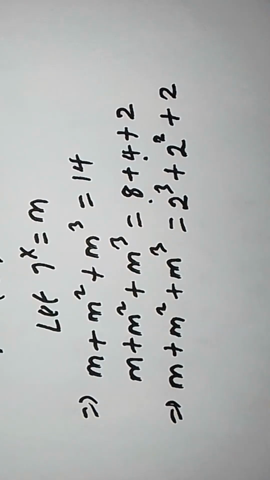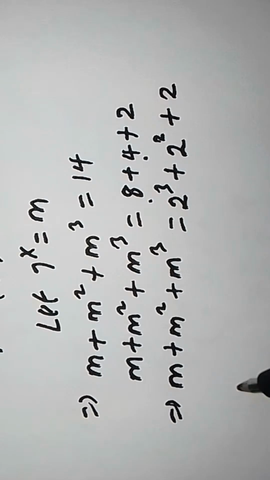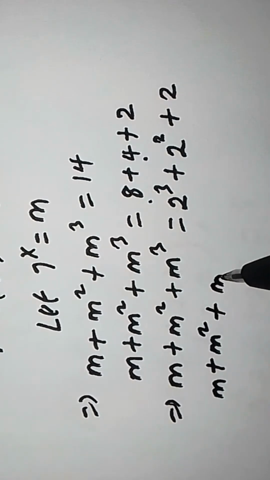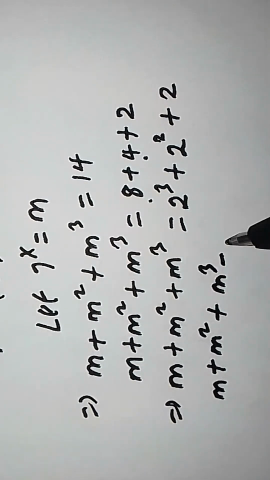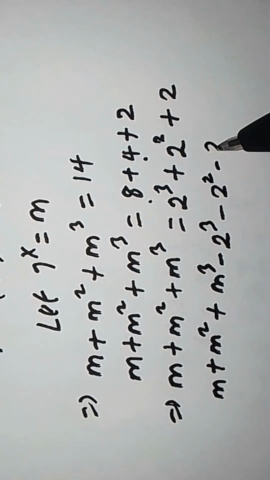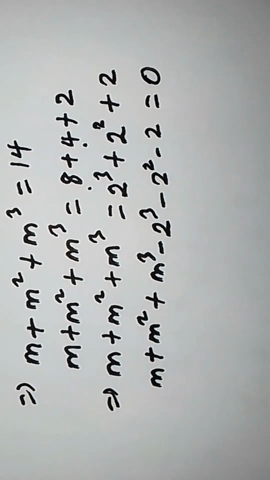Now, let us transfer each of these to the left side. Doing that, we have m plus m square plus m cube minus 2 cube minus 2 square minus 2 equal to 0. Let's proceed further.